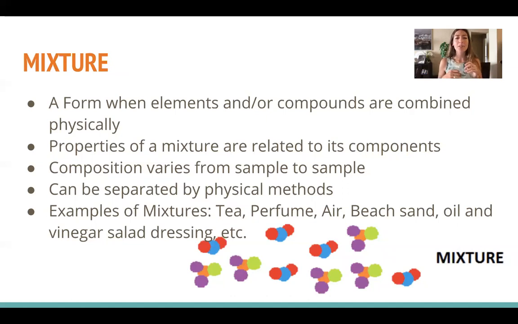So some examples of mixtures are commonplace things. There are mixtures all around us. Mixtures can be tea, perfume, air, beach sand, oil and vinegar, salad dressing. Mixtures can be this bottle of water with the plastic and everything. So mixtures are a completely new thing.